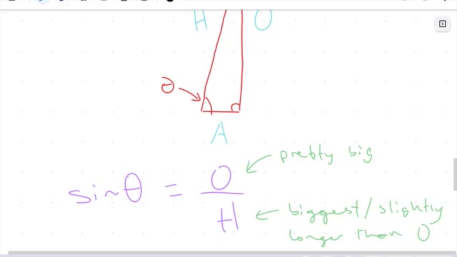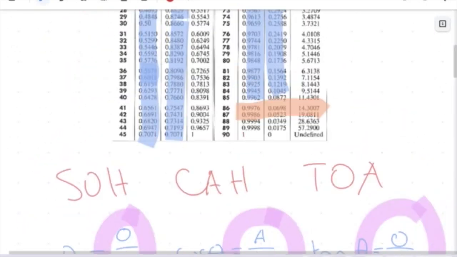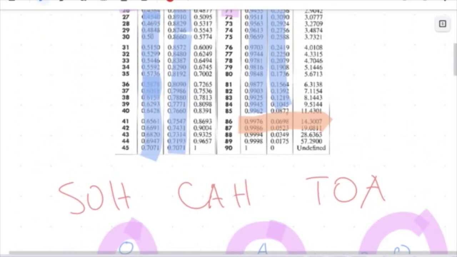Let's think of what this would give me. Well, once again, it's not going to be greater than 1 because the denominator is bigger. It's the biggest side here, the longest side. So I'm going to get a fraction pretty close to 1 though, because the opposite is still very close in size to the hypotenuse. So if we scroll back up to our table, look at that.